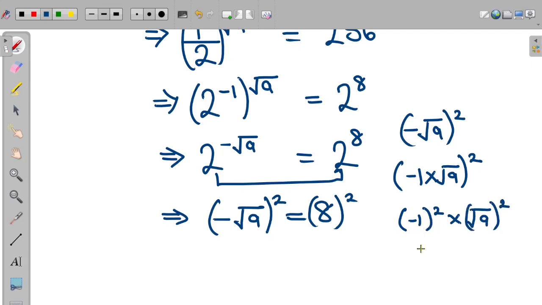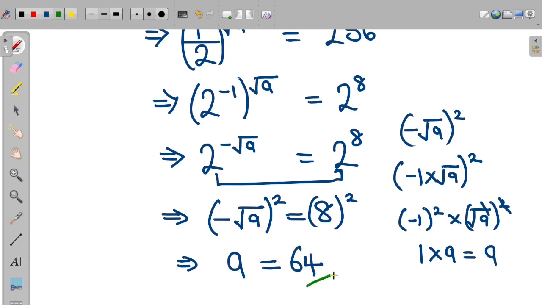Minus 1 all squared is 1, times, at this point, the square will take out the root. We have times a, which is still equal to a, because 1 times a is a. So therefore, we have a equal to 8 to the power of 2, which is 64. Thus, the value of a in this question is equal to 64.